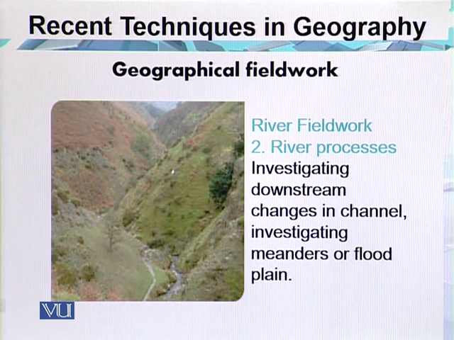In the same areas, we must know what the river processes are. Here we again investigate downstream changes in the channel, investigating meanders or river plain. These two belong to the slope of the valley, the volume of the water, and the material that the river carries. So all these are the factors.